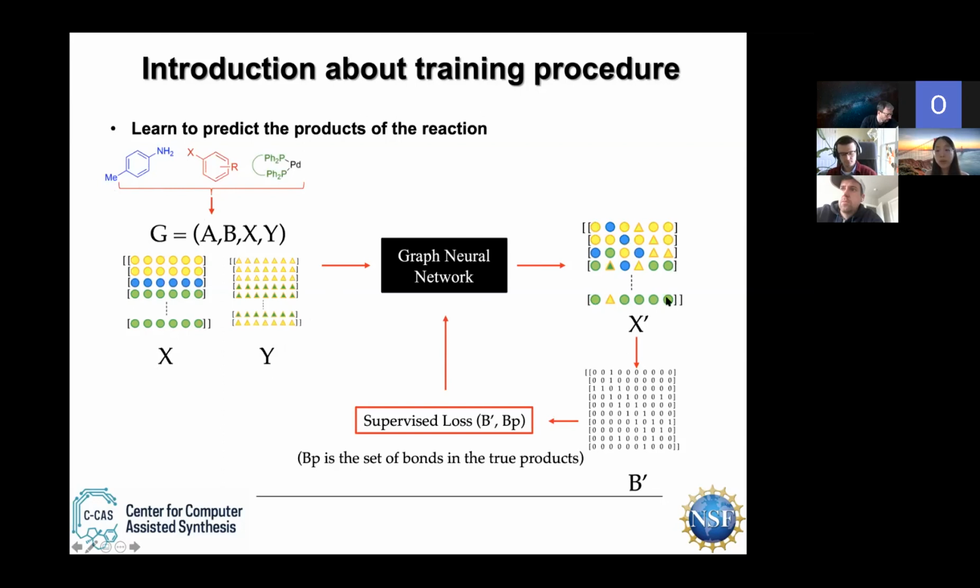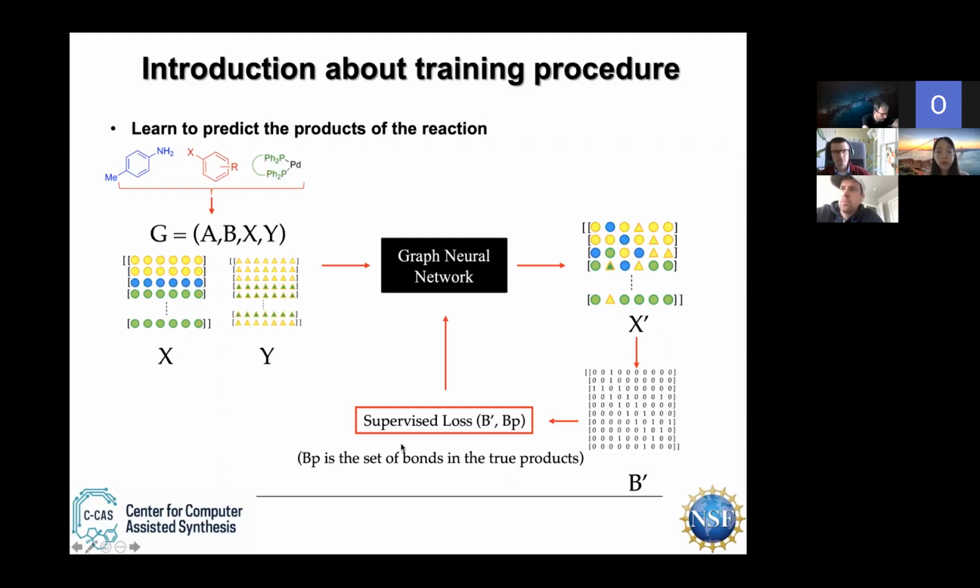Then we will obtain the new atom content matrix X prime. After we obtain this X prime, we will apply some linear or nonlinear transformation to predict the bonds between different atoms, and we will obtain this new B prime. B prime is the set of bonds in our predicted product.